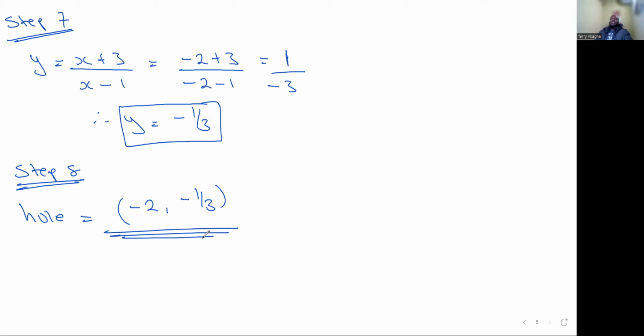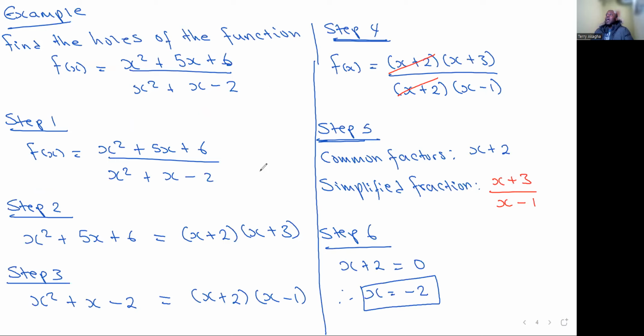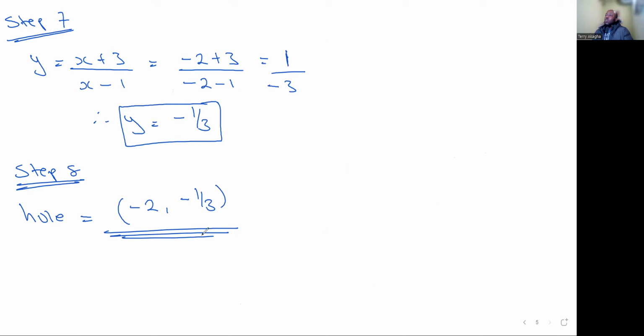That means if you sketch the graph of this function, at the point minus 2, minus 1 over 3, there is a hole in the graph.